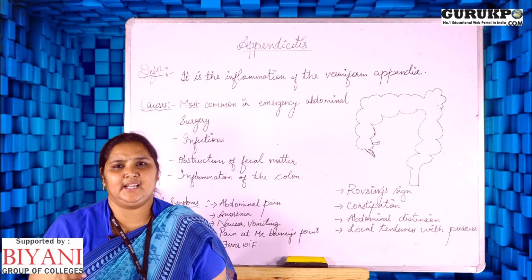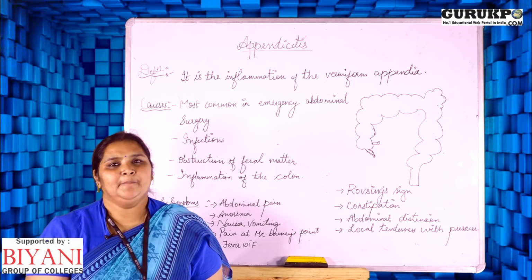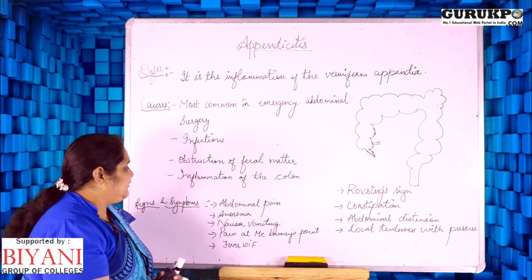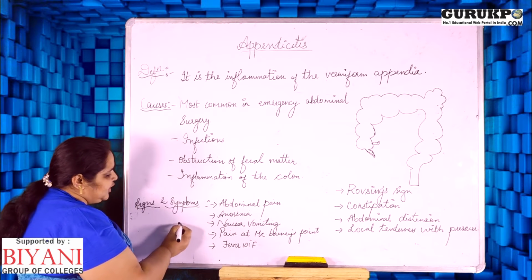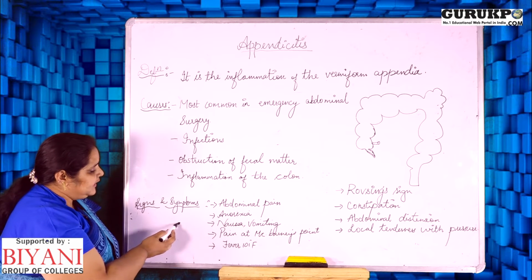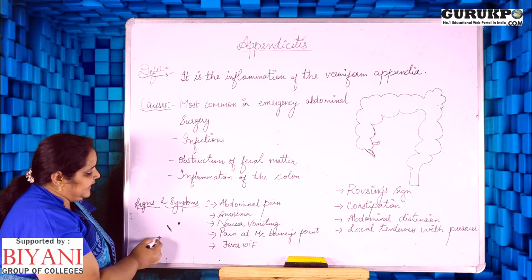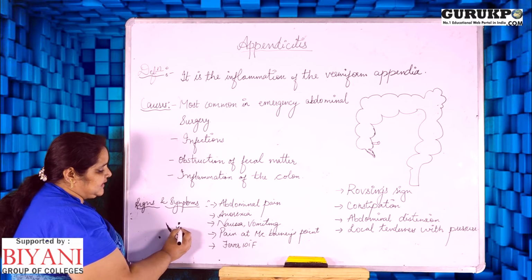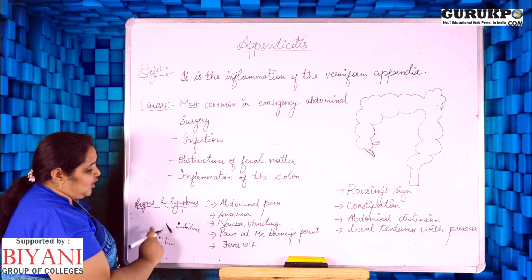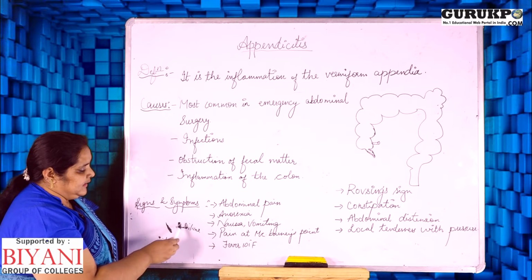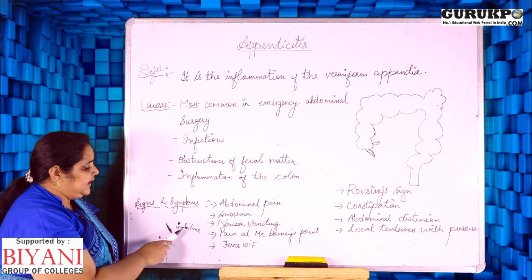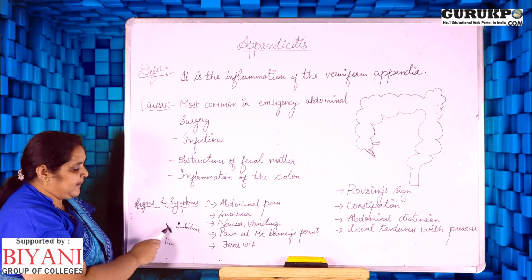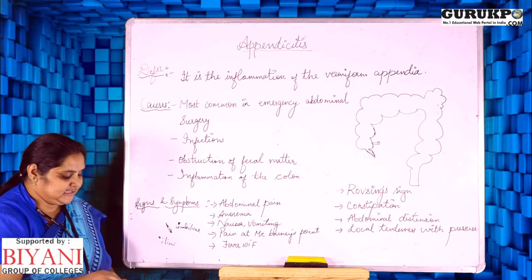This is the umbilicus and this is the iliac spine. The pain will be on the right side, between the umbilicus and the iliac spine. This spot is known as McBurney's point.